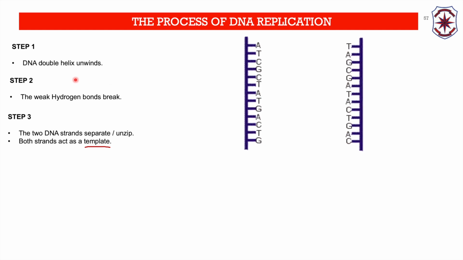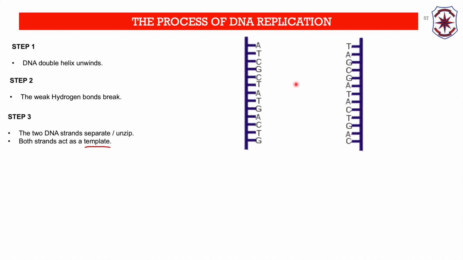So going back, the DNA double helix unwinds, so it essentially becomes straight. The things that are holding the two strands together are called weak hydrogen bonds. The weak hydrogen bonds will break, and once they are no more there, the two strands will separate. Why do these hydrogen bonds need to be weak?